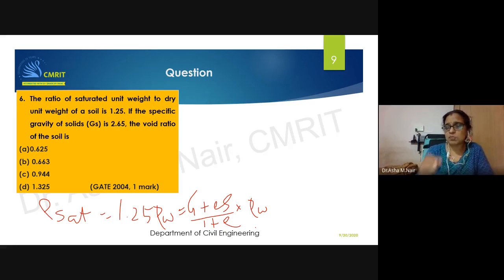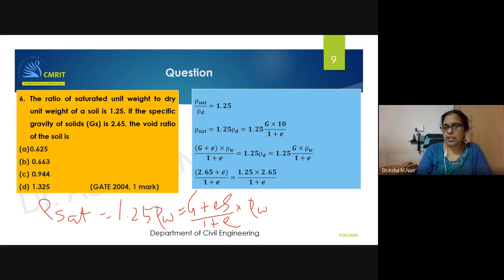The expressions should be at your fingertips, as I have told you. So rho sat by rho d is equal to 1.25. Rho sat is equal to 1.25 times rho d, and you also know that rho d is equal to G rho w divided by 1 plus e.